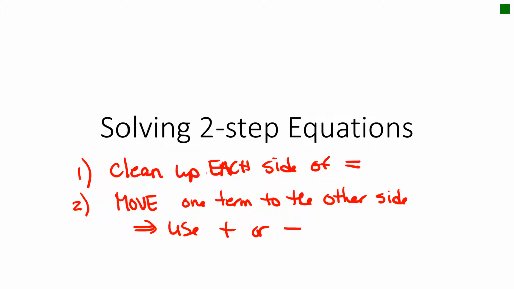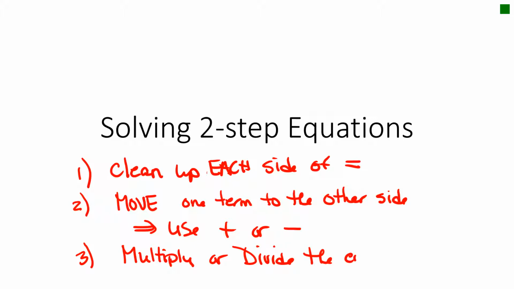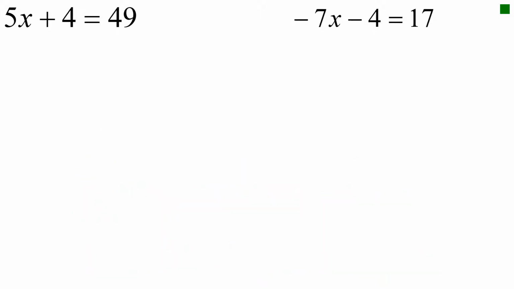You're going to use the opposite. And the third thing is you're going to either multiply or divide by the coefficient. Now the coefficient, remember, is the number that's being multiplied by the variable. Okay? So let's look at a couple.